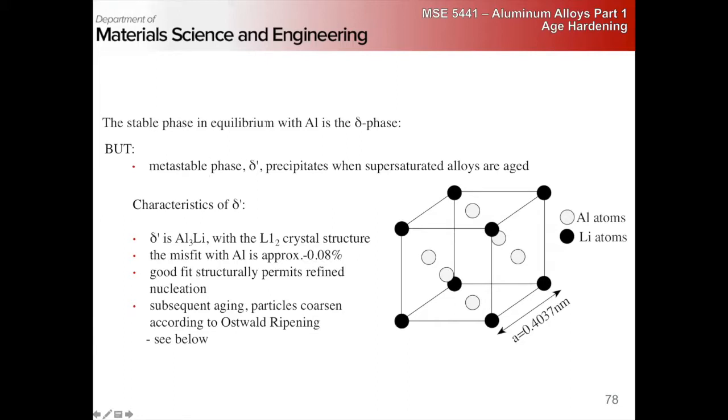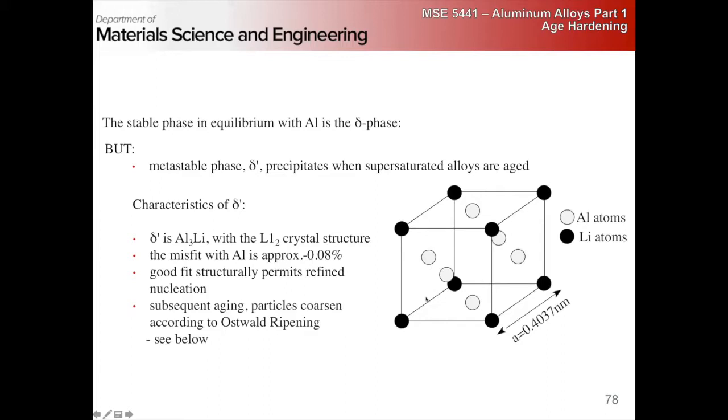but we can nucleate metastable delta prime when we age supersaturated alloys. And what does this look like? It's an ordered phase, but it looks an awful lot like FCC, doesn't it? L12 crystal structure, so this is essentially FCC.